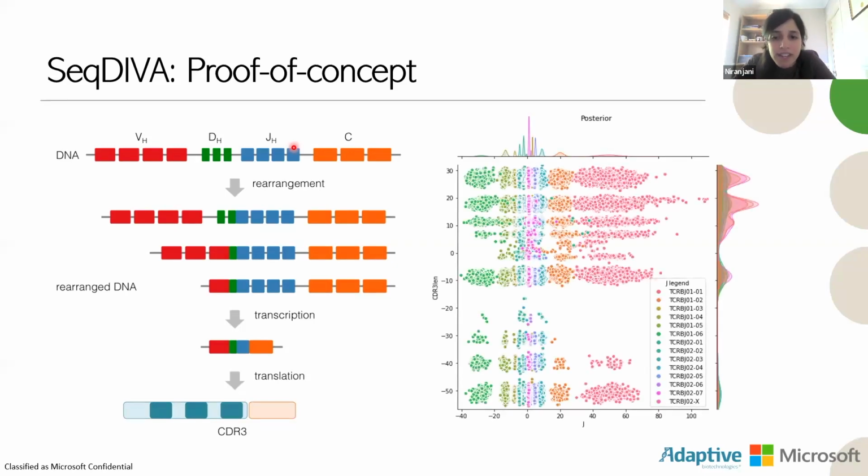Shown here is the latent space with categorical J gene label on the x-axis and CDR3 length on the y-axis. I'm coloring points here by J gene label, and we can see that we've managed to learn an axis-aligned representation where the sampled J gene for that particular sequence changes as we travel along the J latent axis.